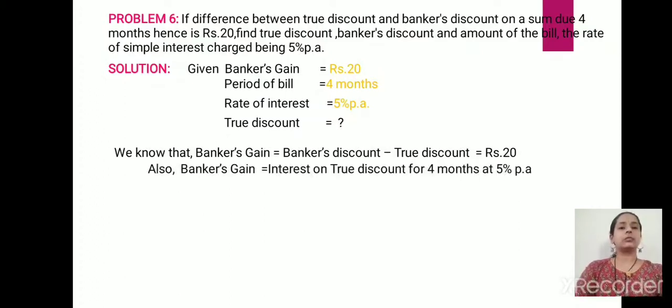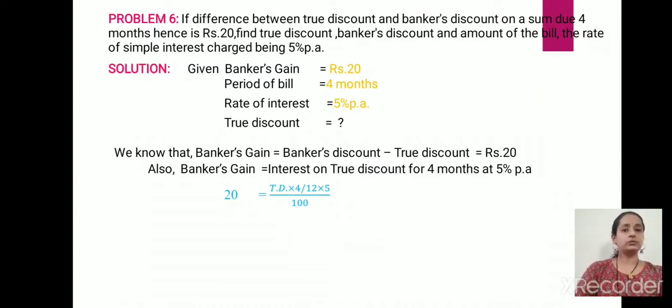Now banker's gain formula. I told you the banker's gain, banker's discount, then true discount are all the interest calculated on some specific principal. Here what is the principal for banker's gain? True discount. Do you know true discount? No. Then you'll see the formula. What is the formula? Banker's gain is equal to true discount into n into r upon 100. I have not written the formula. What I have done is I have directly substituted the values. Banker's gain 20.